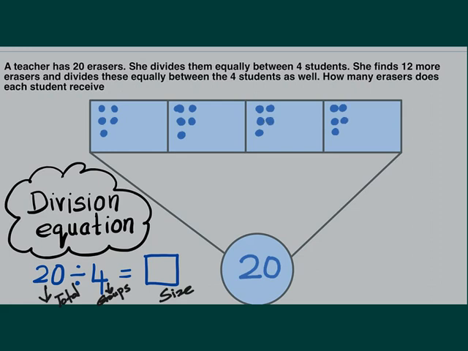So if you see each group, the size of one group is 5. So let us write the answer as 5. Each student gets 5 erasers. Group 1 or student 1 gets 5 erasers. Group 2 or student 2 gets 5 erasers. Group 3 or student 3 gets 5 erasers. Group 4 or student 4 gets 5 erasers. So the size is 5.